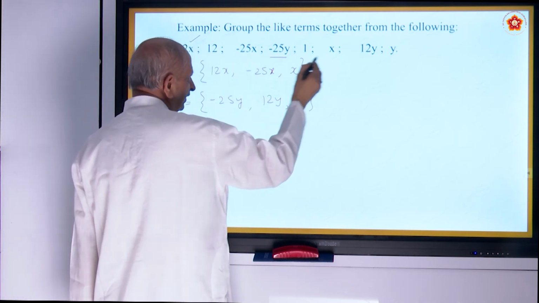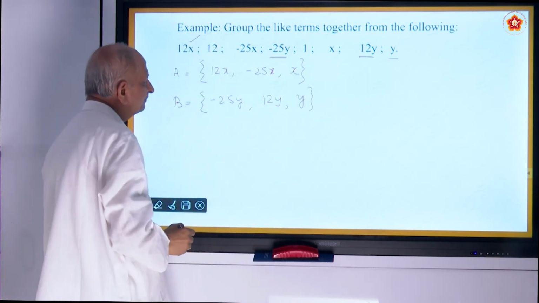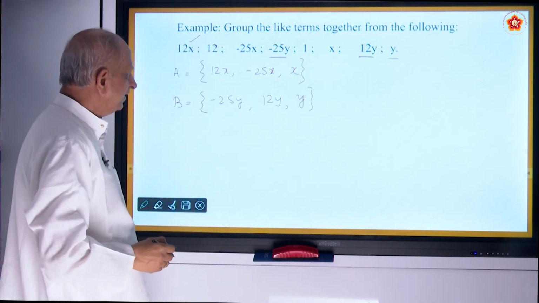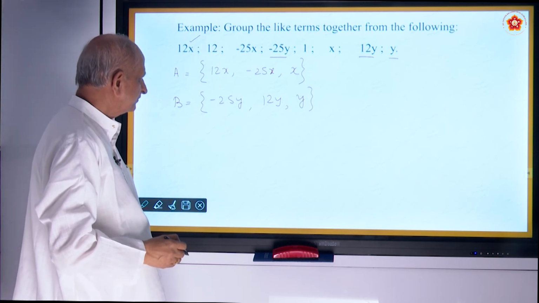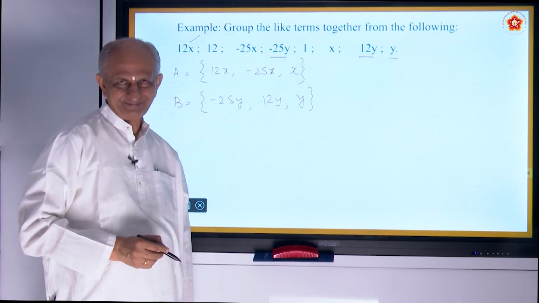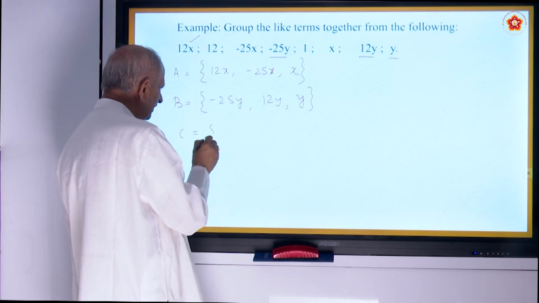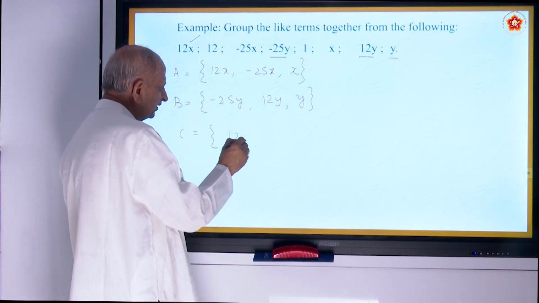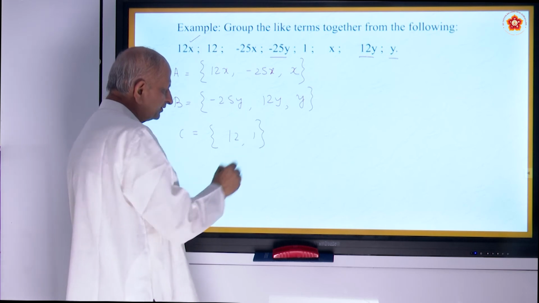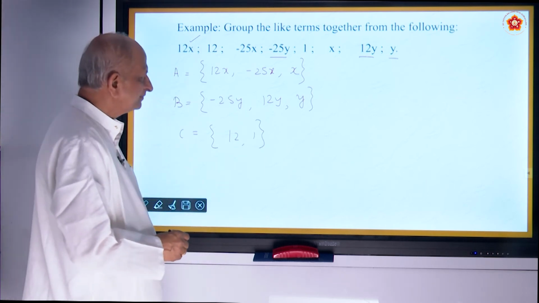The remaining are unlike terms, 12, 1, etc. So that is also one group of unlike terms, or you can say numbers, 12, 1, etc. So that is how the groups can be made.